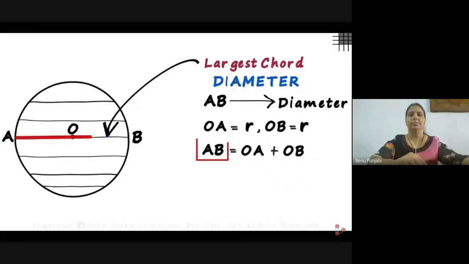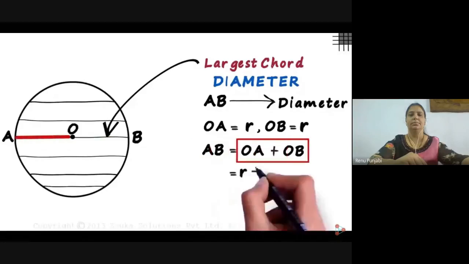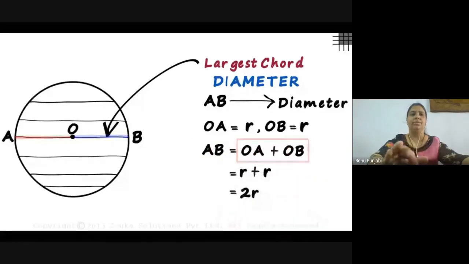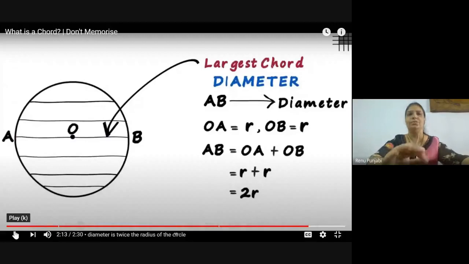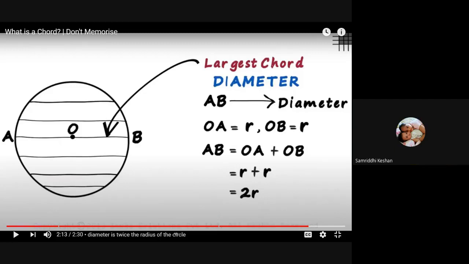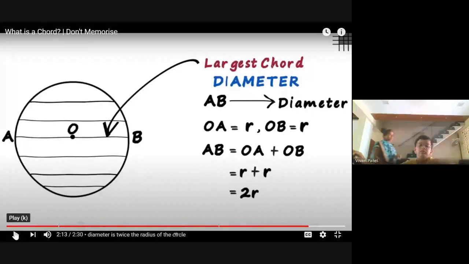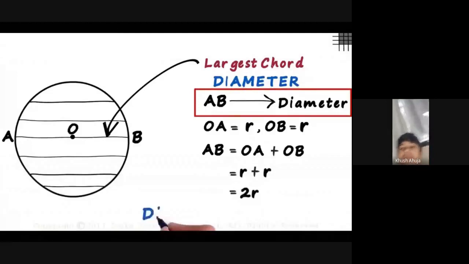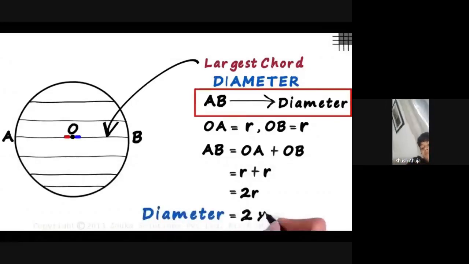That will equal r plus r, which gives us 2r. If we want to find the diameter, we add 2 radii. For example, from O to B is 2 centimeters and from O to A is also 2 centimeters. So what will be the diameter, children? 4. Yes, AB is the diameter, and the diameter of a circle is twice its radius.